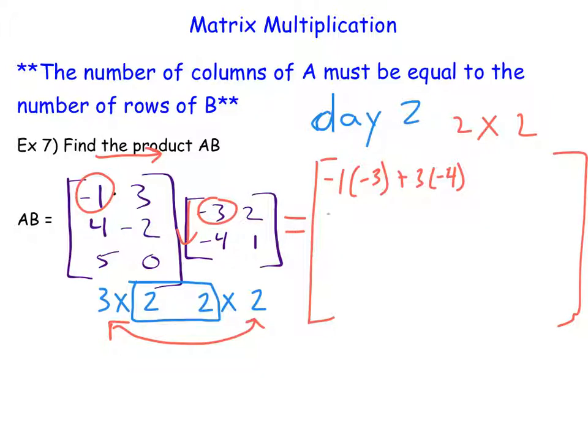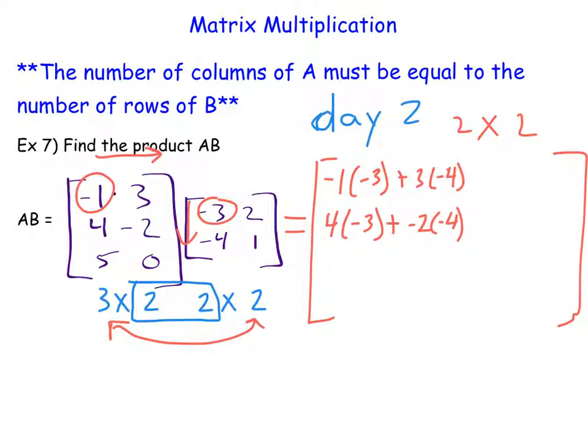I'm going to do 4 times -3 plus -2 times -4. And now I'm going down to the bottom row of the first matrix, but this whole time with that second matrix, I'm sticking with the first column.